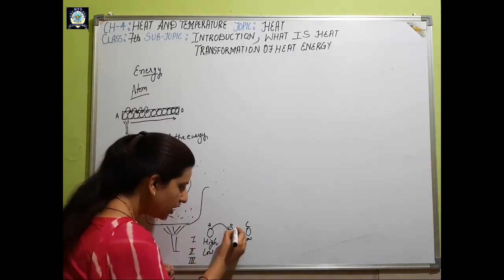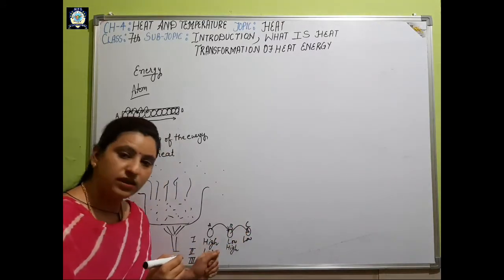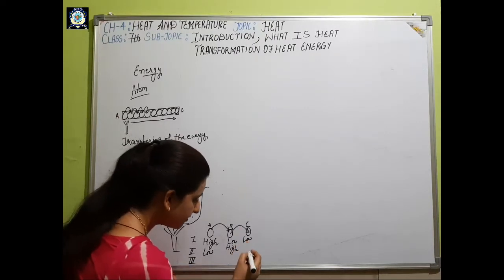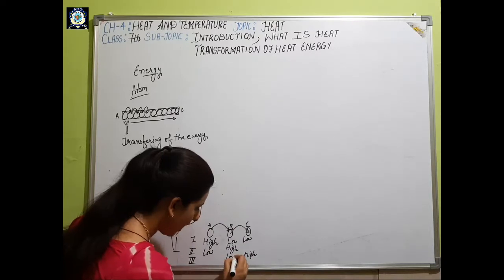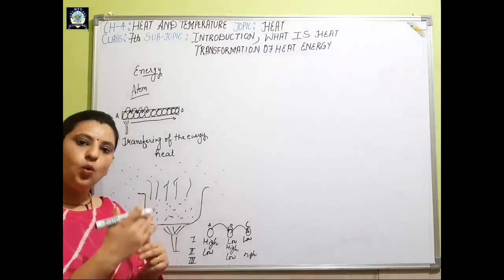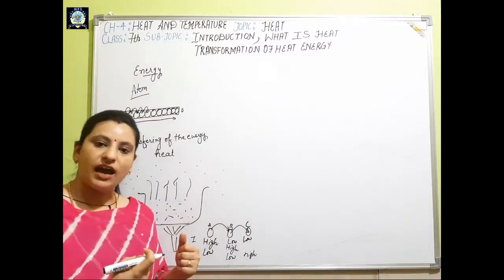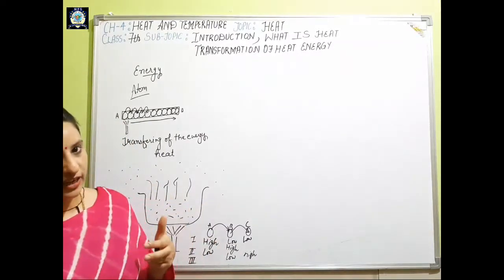The B molecule will lose the energy and transfer it to the C molecule. Now in case 3, the C molecule has got high temperature and the B molecule has got low temperature. So like this, one after the other, molecules gain energy and lose energy, and the transferring of the energy takes place.